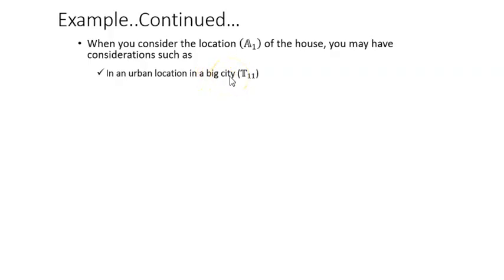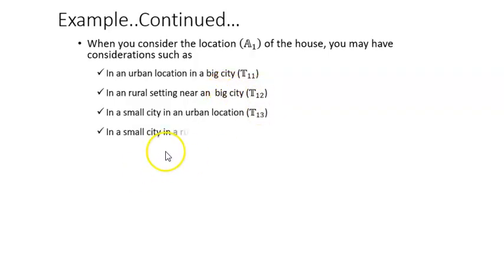Your location may be in an urban location in a big city, we call it T11, and it may be a rural setting near a big city, we call it T12, and we may have the house in a small city in an urban location, we call T13. It may be in a small city in a rural setting, T14, or it may be situated in a slum area.